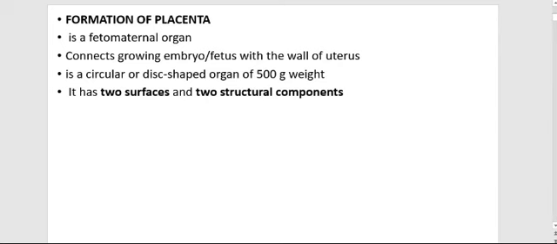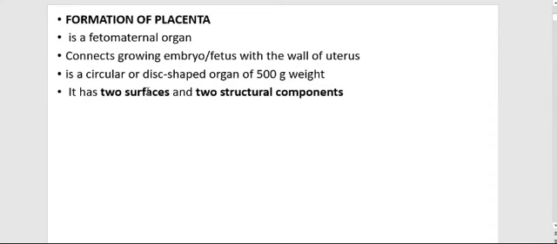Let's describe the placenta. It is a circular, disc-shaped organ that weighs about 500 grams. It has two surfaces and two structural components.